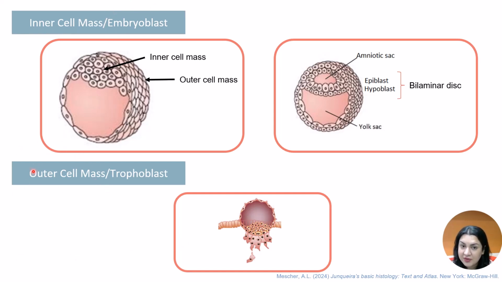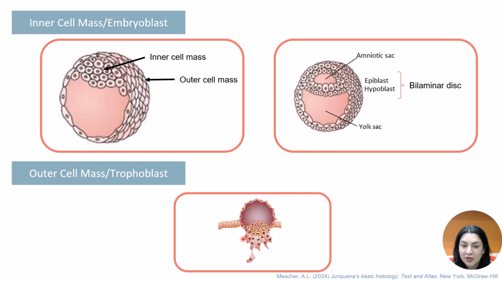Next, we have the outer cell mass or the trophoblast. So we're very quickly getting up to the end of the first week of development, and this little blastocyst is basically looking for a home within the uterus where it can get comfy and spend the next 9 months. So as the blastocyst eventually encounters the uterine wall, it's going to stick to it, right?